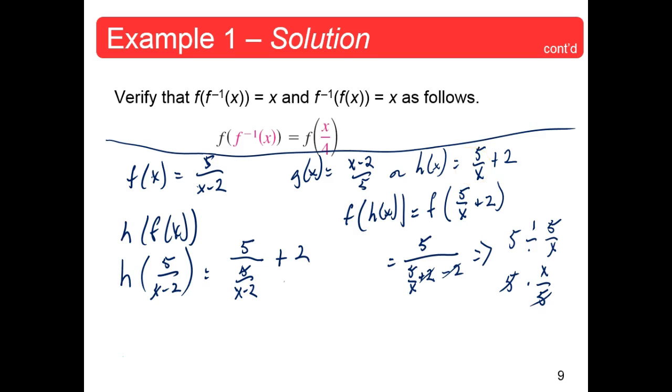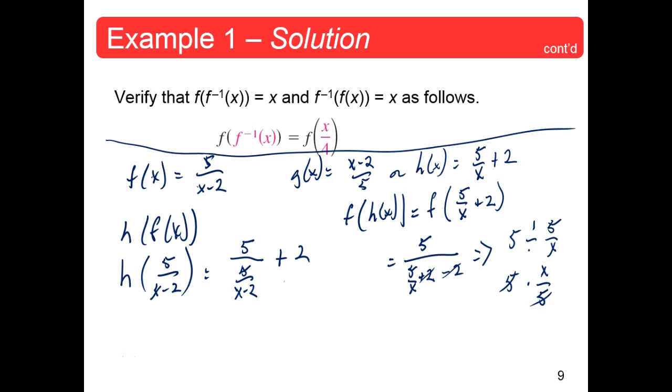Now, did I do that right? The h function starts with 5 over whatever is inside here, and then adds 2 to that. Got it?